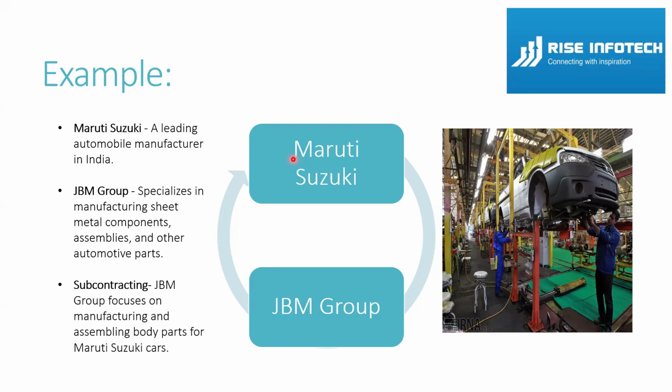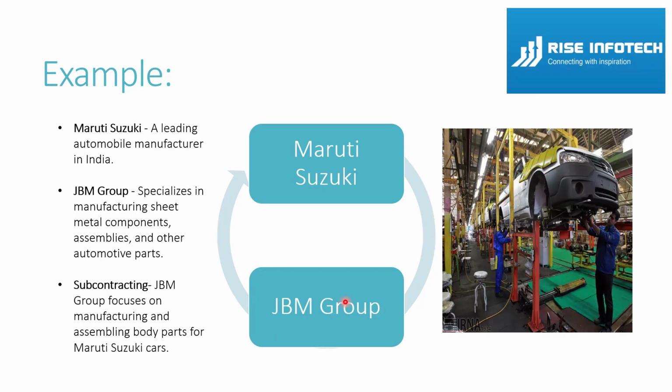JBM Group specializes in assembling body parts. Maruti Suzuki procures raw materials, that is metal sheet, from Tata Group, and there are many players in the market. Then they outsource that to JBM Group, who assemble this body part and deliver it to the Maruti Suzuki production unit.